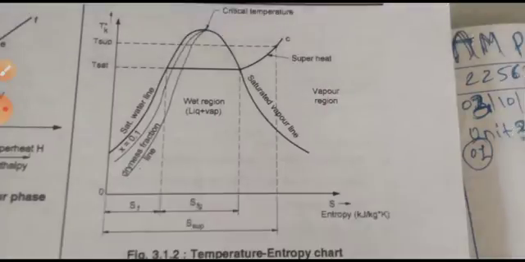Now here we have entropy versus temperature. All these concepts, entropy, enthalpy, heat, I have taught you in the previous lecture, so these are not new for you. So this is a temperature versus entropy chart.